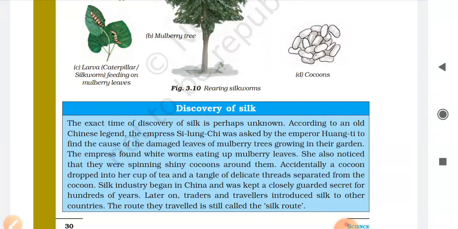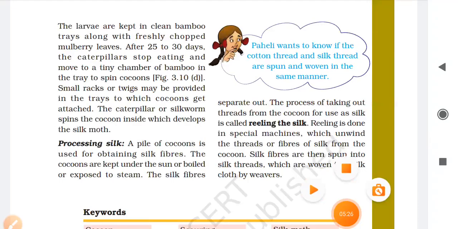The silk industry began in China and was kept a closely guarded secret for hundreds of years. Later on, traders and travelers introduced silk to other countries. The route they traveled is still called the Silk Route. So the larvae are kept in clean bamboo trays along with freshly chopped mulberry leaves.